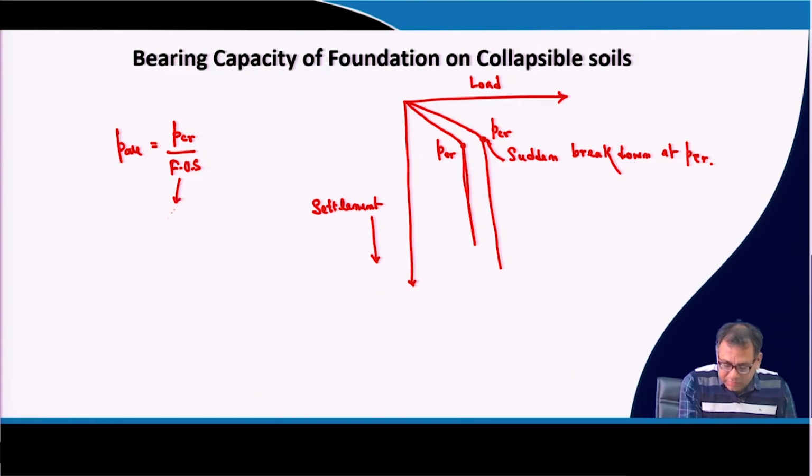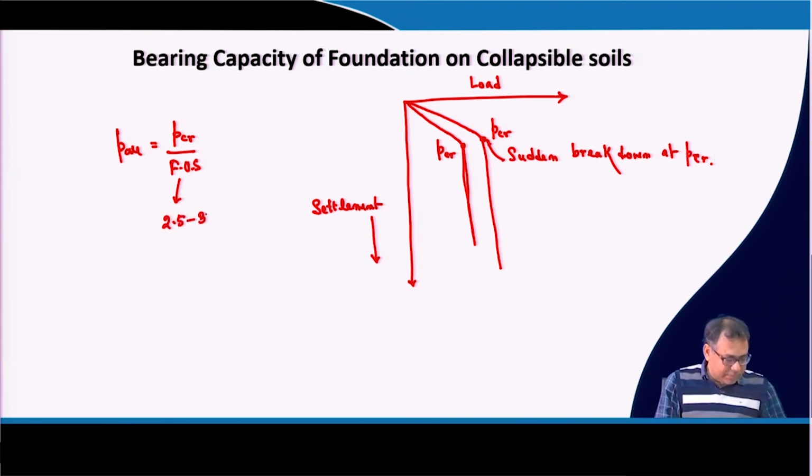Generally this value is taken as 2.5, and this type of behavior is very common for saturated condition as compared to the dry soil condition. So, this way we can determine the settlement of the foundation on the collapsible soil, and if I do the plate load test, we will get the bearing capacity of the foundation on collapsible soil.